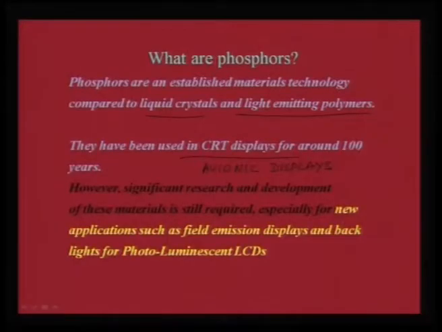So, all these avionic applications are totally taken over by these CRT phosphors. Now, new research has actually focused on field emission displays and on photoluminescent LCDs, which are already coming into the market, and the phosphors find a special role in that.